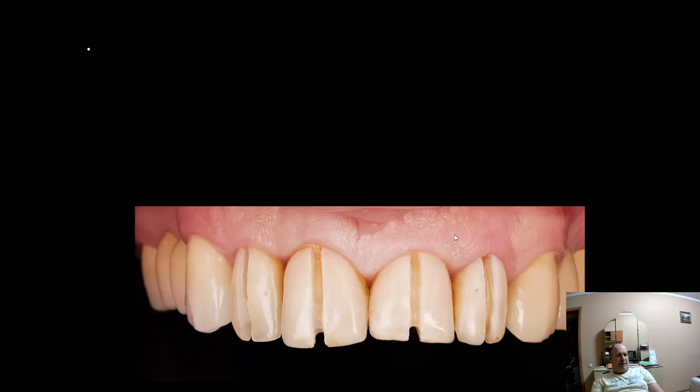It's no difference. If your patient approves it, if he likes it, you're going to make a preparation for the veneers.